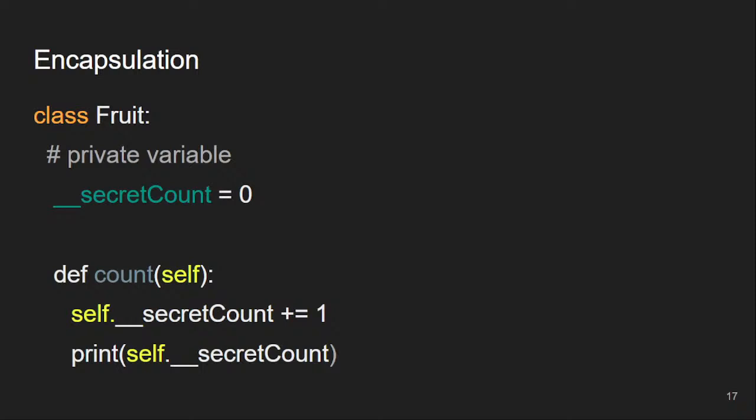The naming convention usually is that for your private variable, you use 2 underscores before it. So secret count here has 2 underscores before it, so we know it's a private variable. That means that we can use it inside the class. You see here where we've used it to increment the count of the class. When we call this method, we increment secret count, and we can also print the secret count.